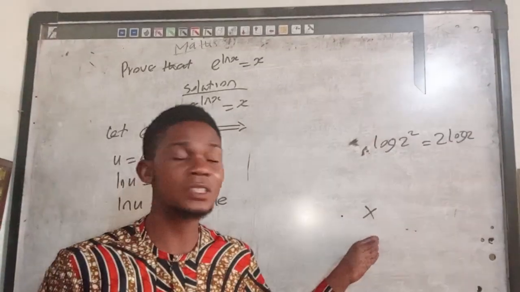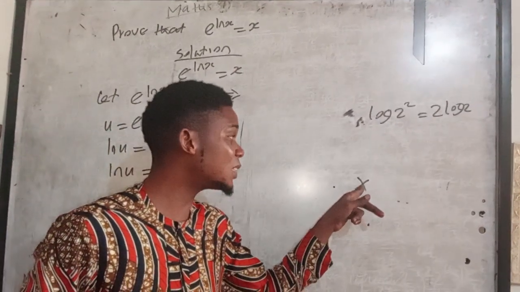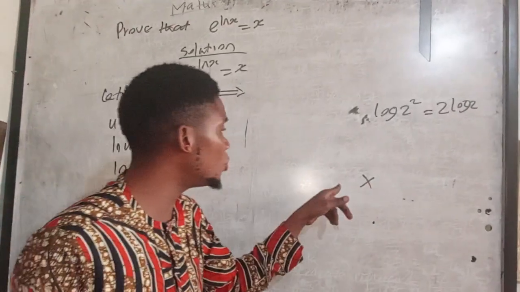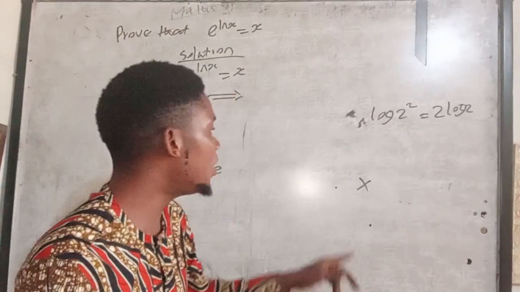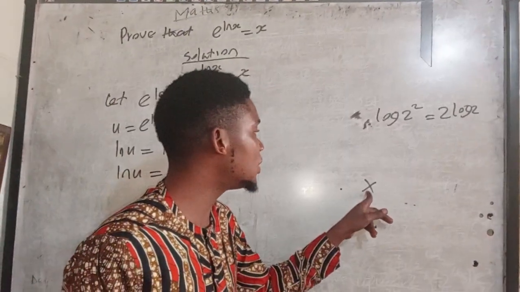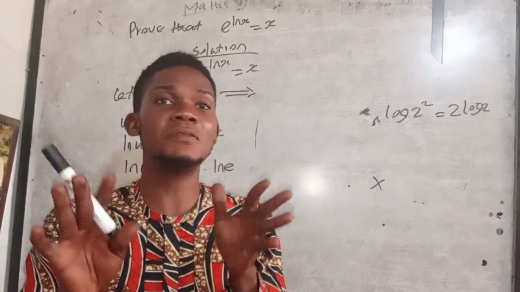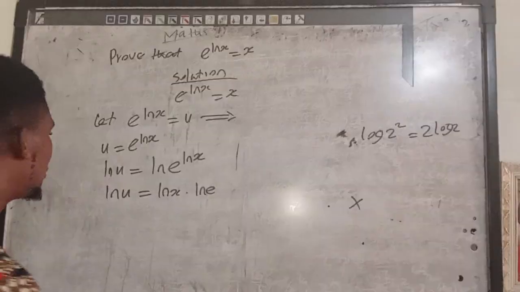When you do vectors, the dot means a scalar product, but the cross means a vector product. So when you use the dot product of two vectors, it gives you a scalar, and when you use the cross product of two vectors, it gives you a vector.